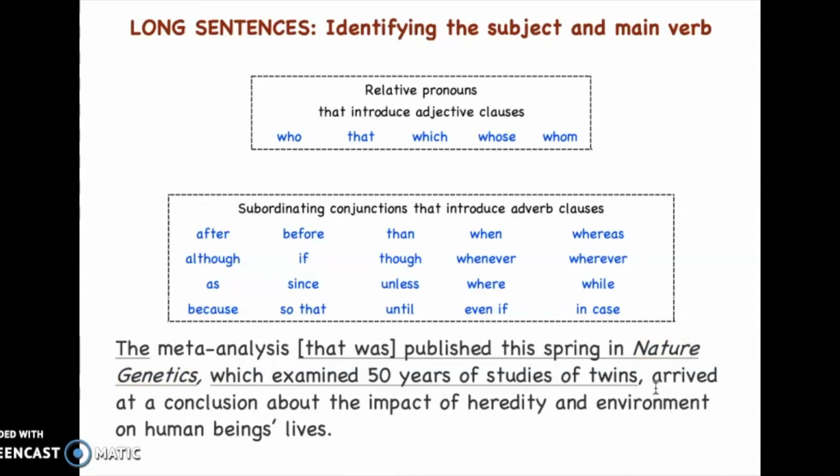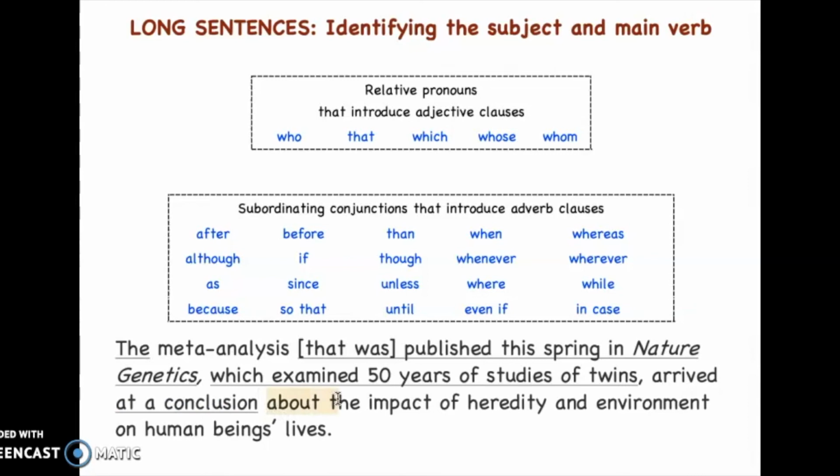Now let's continue with the sentence. Arrived at a conclusion about the impact of heredity and environment on human beings' lives. So arrived could possibly be the verb. What is this? At a conclusion. Well, that's where they arrived at. So we're going to underline that because that's a prepositional phrase telling us more about where they arrived.